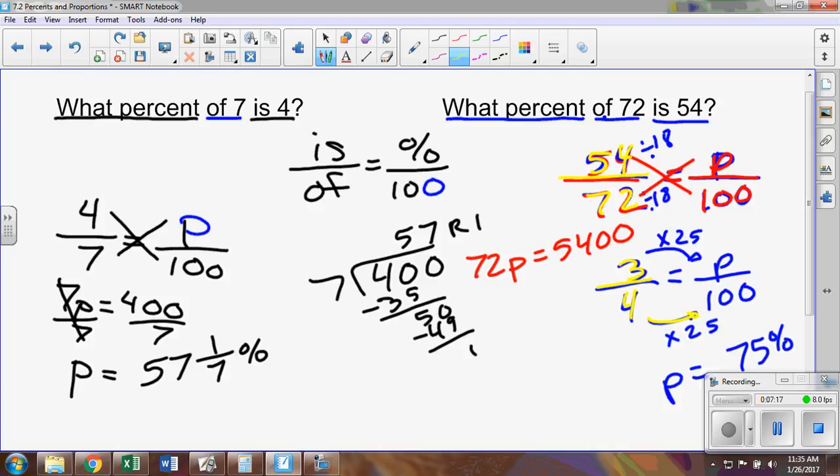In order to turn 4 into 100, I have to multiply by 25. Since I'm multiplying by 25 in my denominator, I need to multiply by 25 in the numerator also. And so 3 times 25, that's 75, and that's what gave me my p.